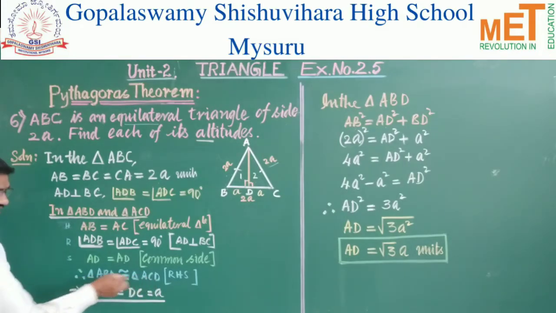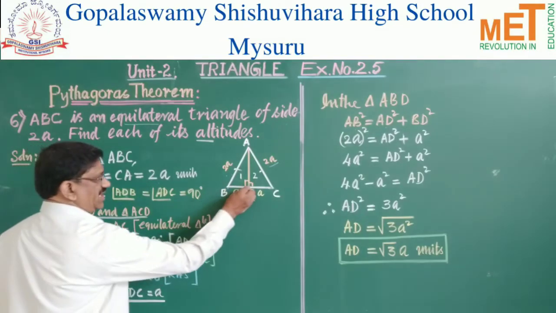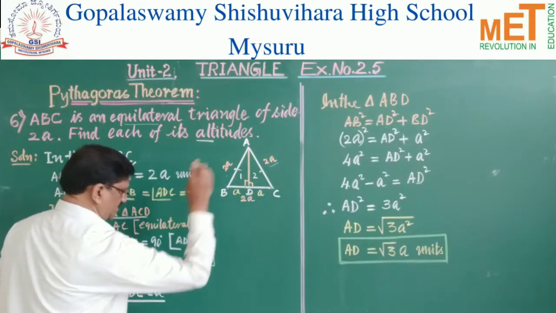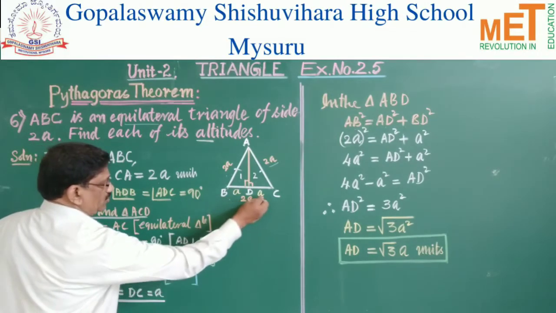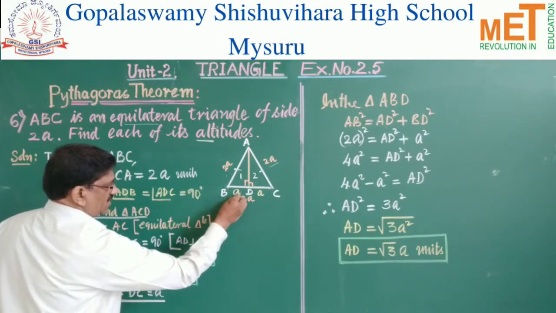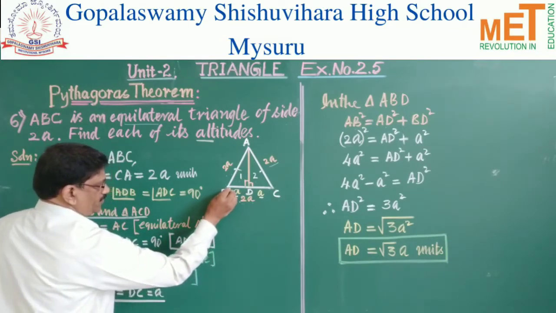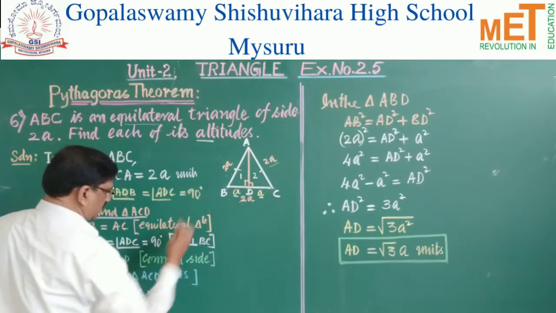Since these two triangles are congruent, then what happens here? The side BD is equal to DC. BD is equal to DC. Then since it is 2A units, we can split this 2A as A unit and A unit. That means BD is equal to A units, DC is also A units. Clear children?